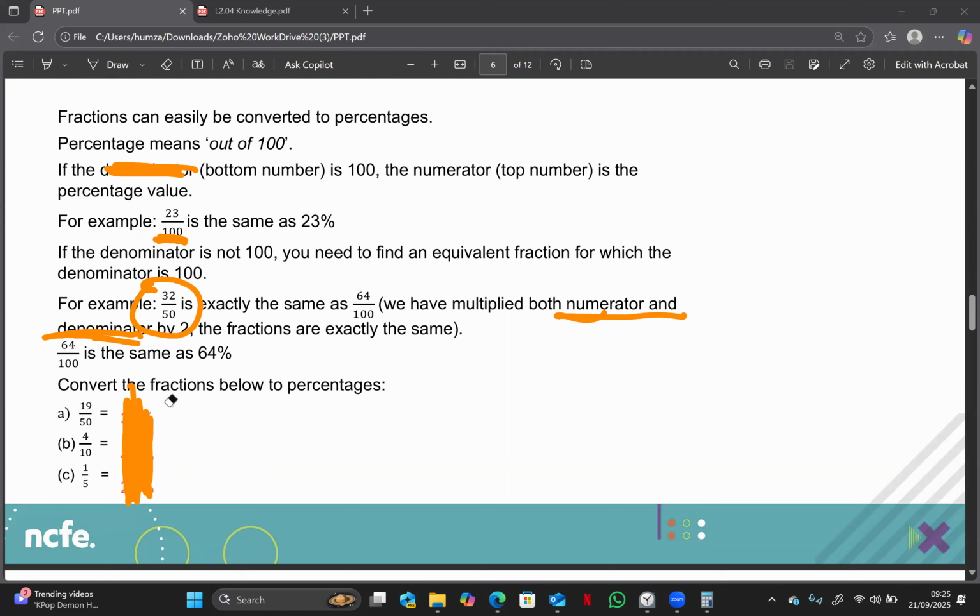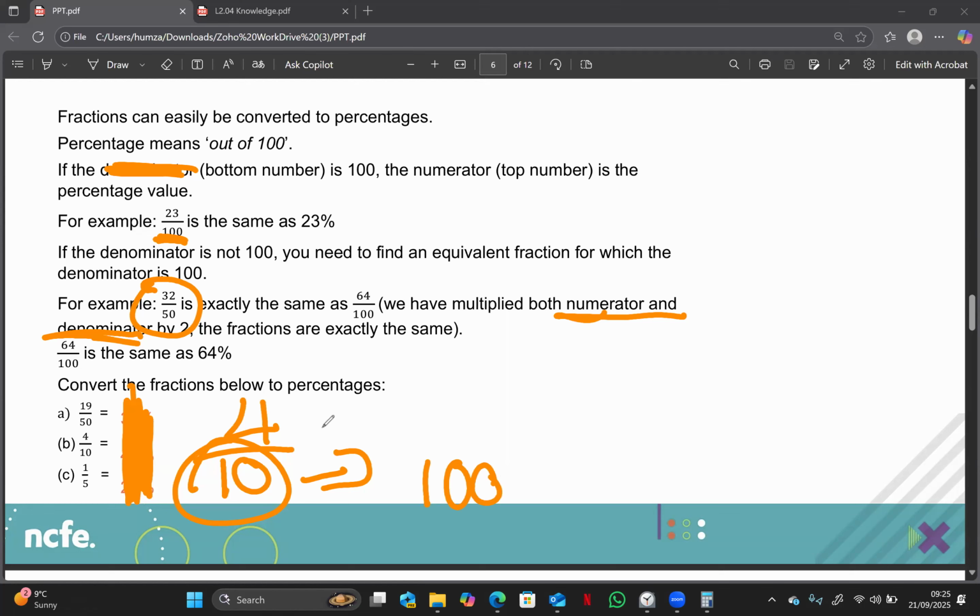No, we need to make this bottom. Right now it is 4 over 10, isn't it? We need to make that 100. How do we make that 100? 10 times 10 is 100.